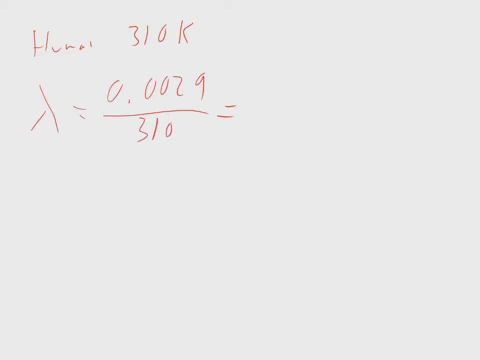Let's do an example. Take an object like a human being. A human being is about 310 Kelvin, and you're giving off light because you're not at absolute zero. What wavelength do you give off most? That's 0.0029 divided by 310, which comes out to 9.35 times 10 to the minus 6 meters.